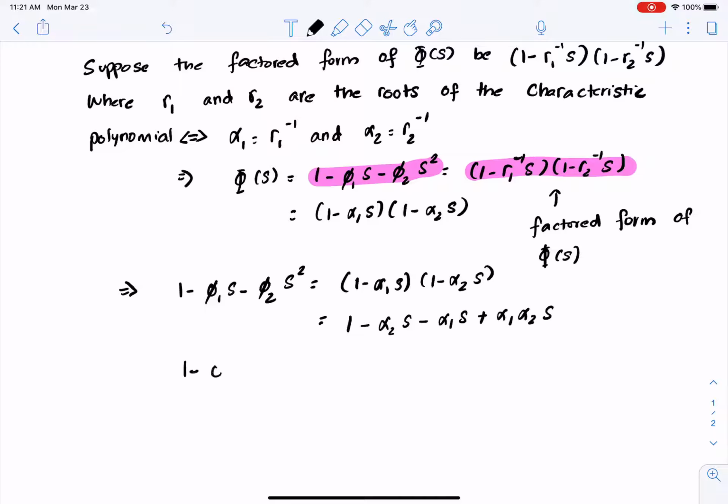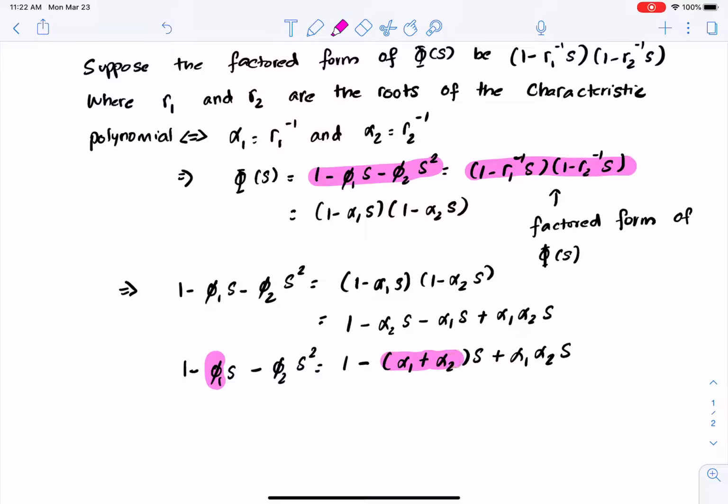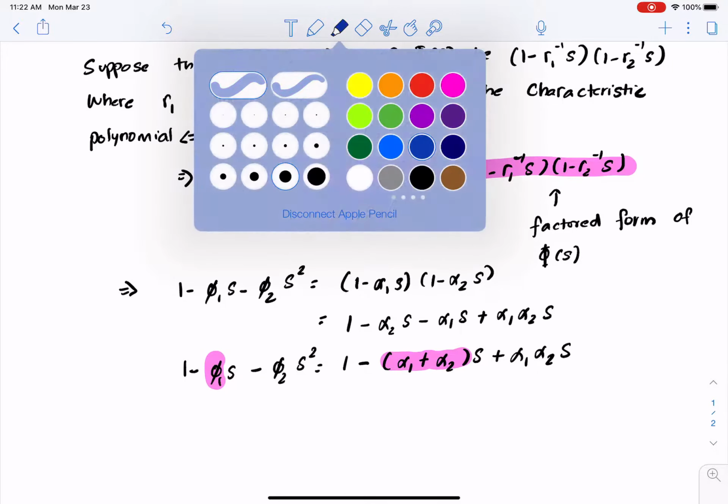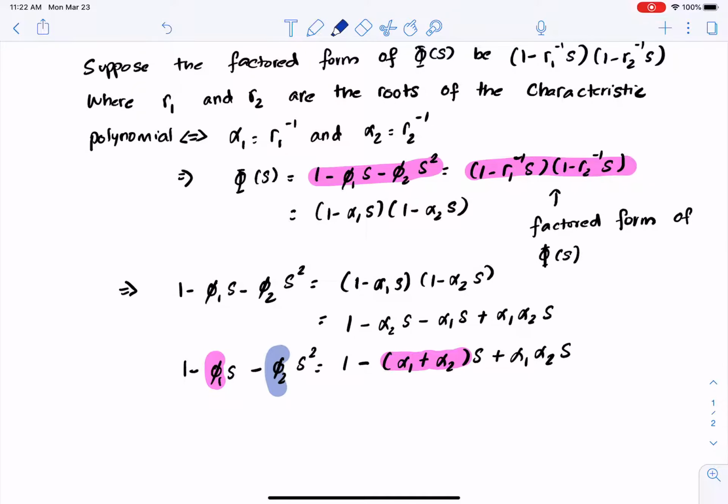So 1 minus phi 1 s minus phi 2 s squared would equal 1 minus alpha 1 plus alpha 2 times s plus alpha 1 alpha 2 times s squared. Now by direct comparison, we can see that phi 1 is equal to alpha 1 plus alpha 2, and phi 2 is equal to negative alpha 1 alpha 2.